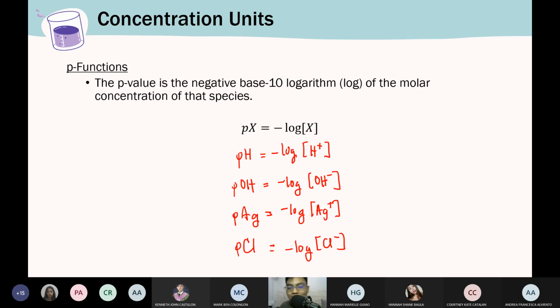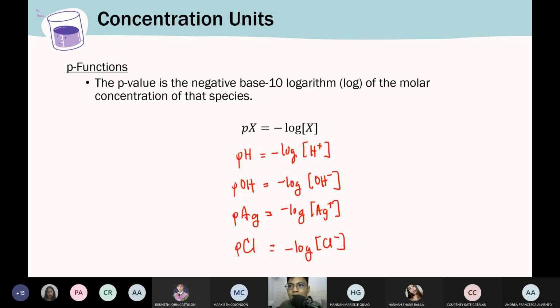Napapansin niyo yung pattern? Basically, X could be any chemicals, any compounds, whether ionic, molecular. So, yung X, pwede siya kahit ano. Hindi lang siya limited to hydrogen and hydroxide. You can also use other chemicals as long as you know their molar concentration.